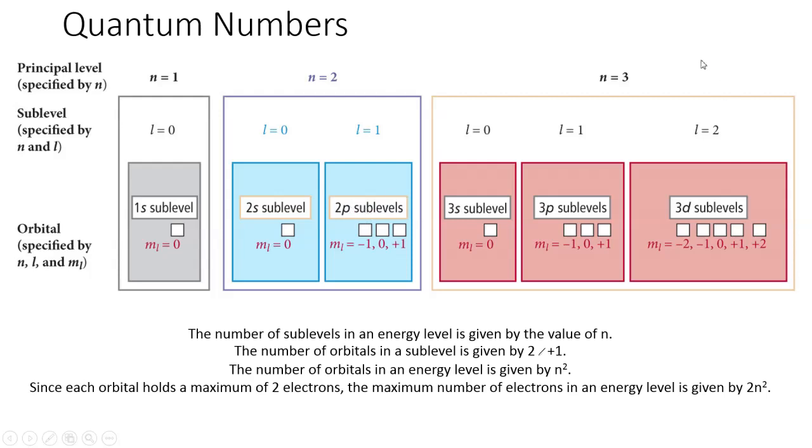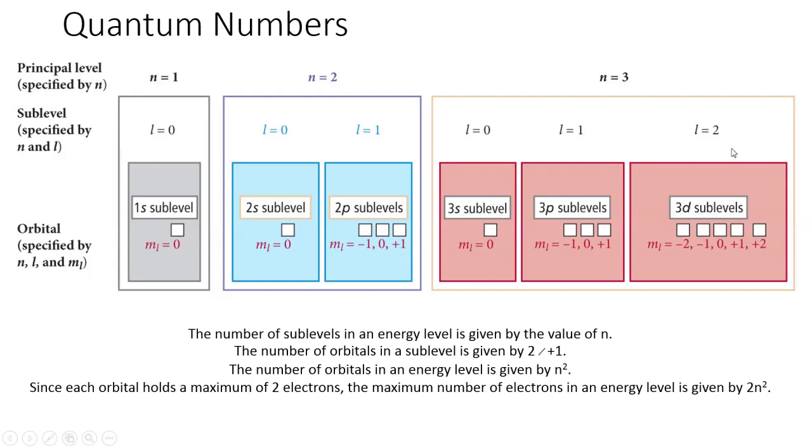If n equals 3, now L can be 0, meaning there's one 3s orbital. L can be 1, meaning there are 3 3p orbitals. Or L can be 2, meaning there are 5 3d orbitals in the 3d sublevel.